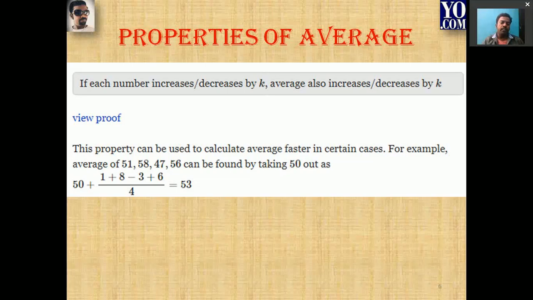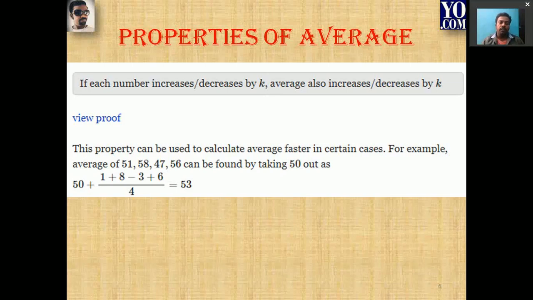Then adding the average 3 with our common number 50, we get the average of the given numbers, 53. This way we can calculate the average of large numbers by the easiest and fastest method. First check whether the given numbers are close to a common number. Then adjust the values accordingly, find the average, and add it to the common number.